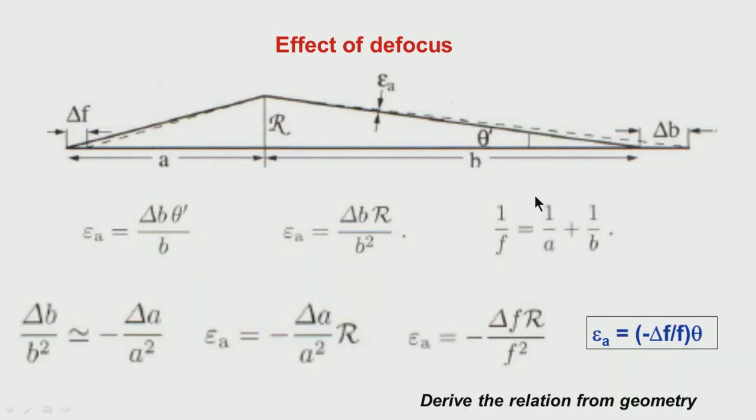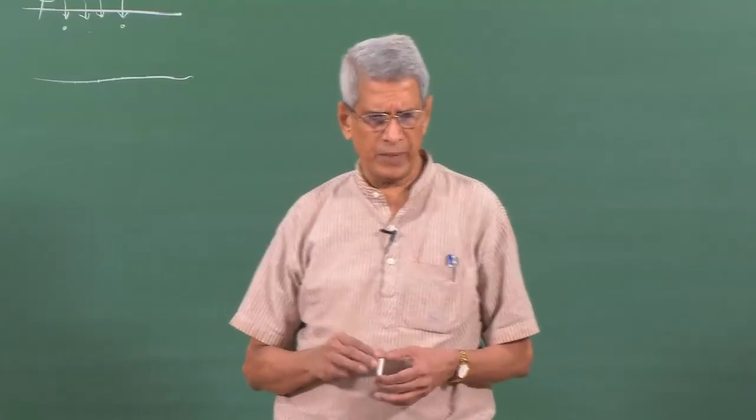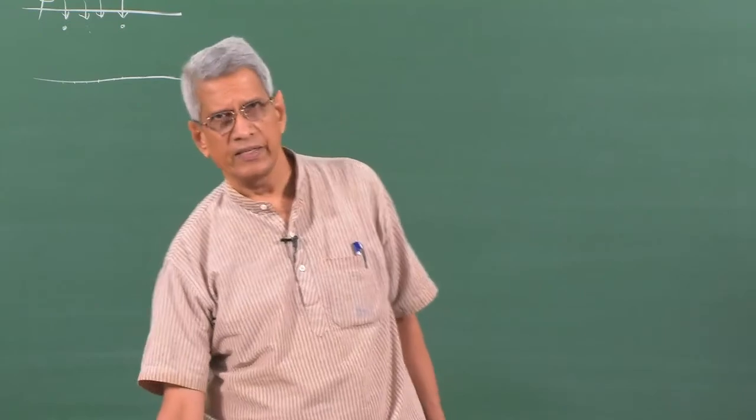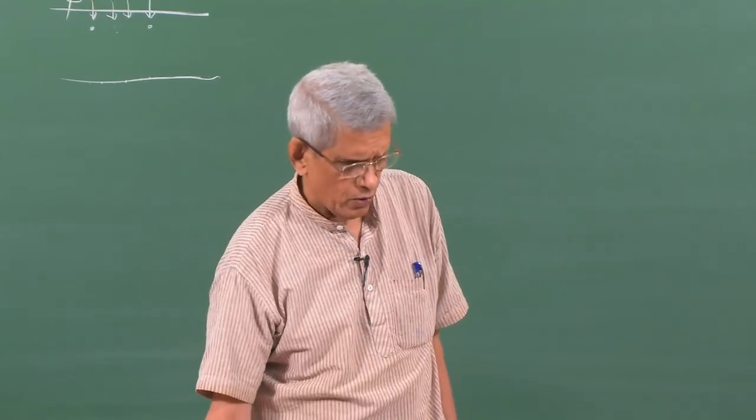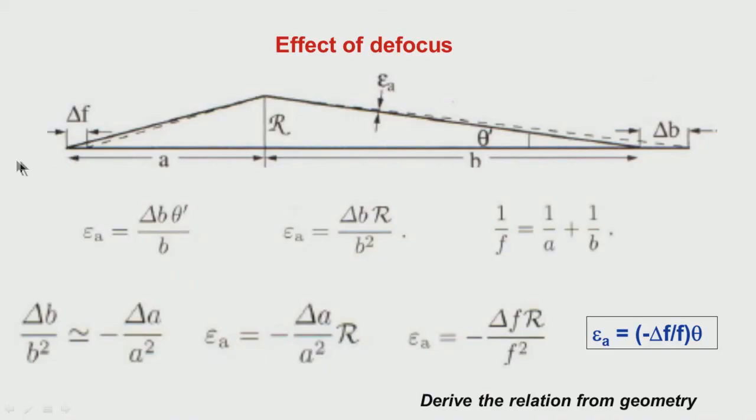What is essentially important is that we have looked at spherical aberration. In a lens, if we defocus the lens, look at it. This is the object, and when it is in perfect focus, the ray crosses the optic axis at the particular point where the image should have formed.